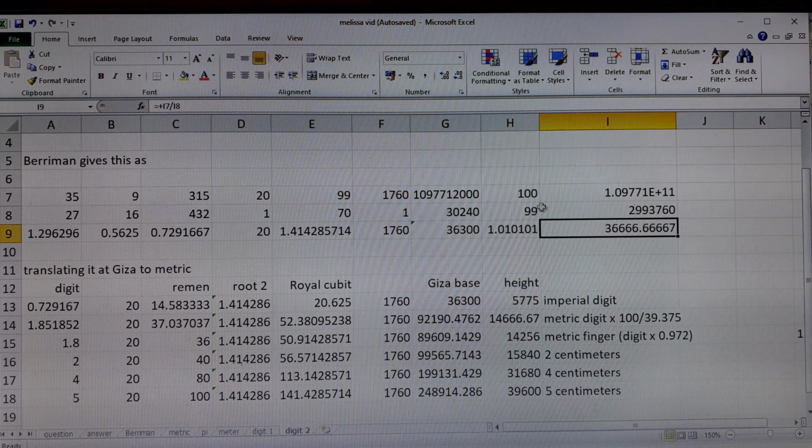So there we go. Now what we can find here is that another way to do this is multiply 1760 by 100 over 99.